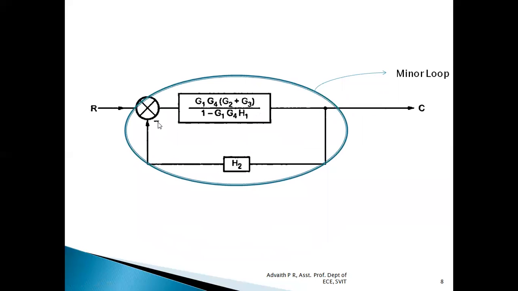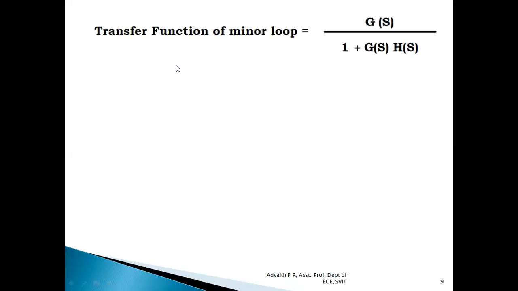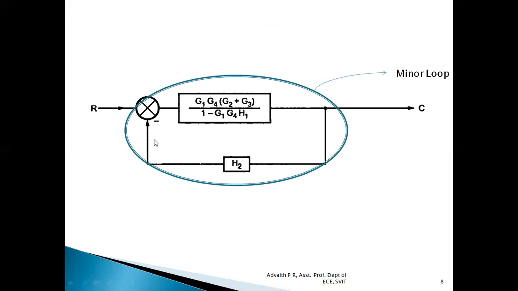Because we have a negative sign in our feedback signal, in the formula we get a positive sign. So the transfer function of the minor loop will be equal to g of s divided by 1 plus g of s into h of s. The reason we have a positive sign here in our minor loop formula is because the feedback signal is negative.